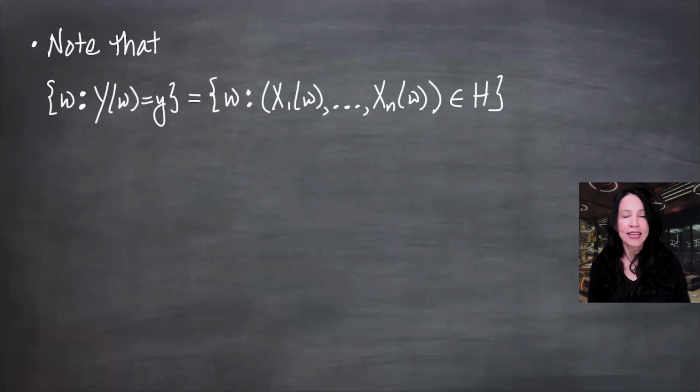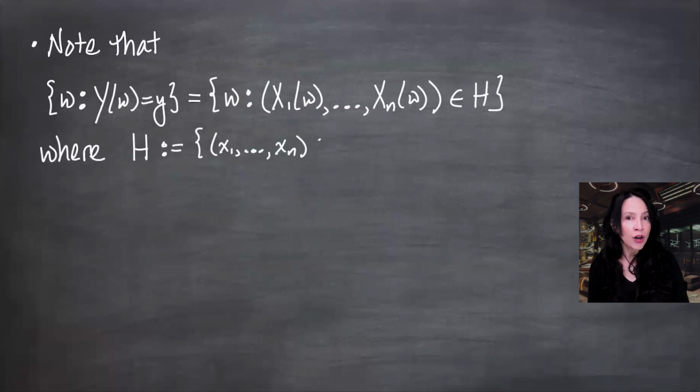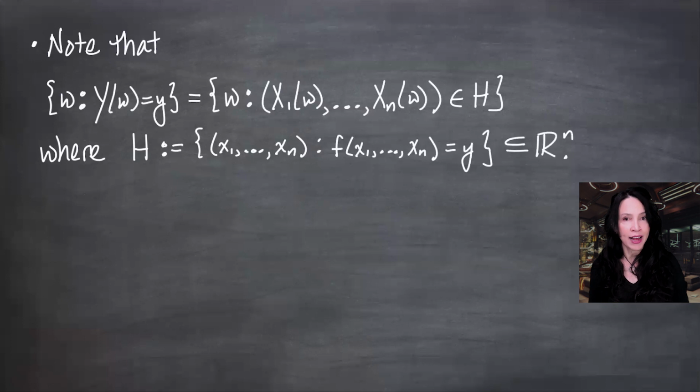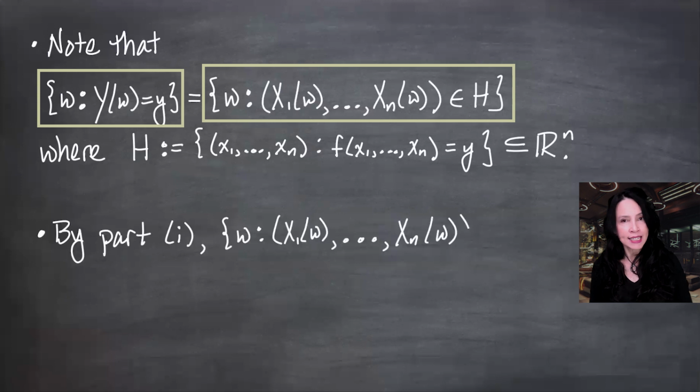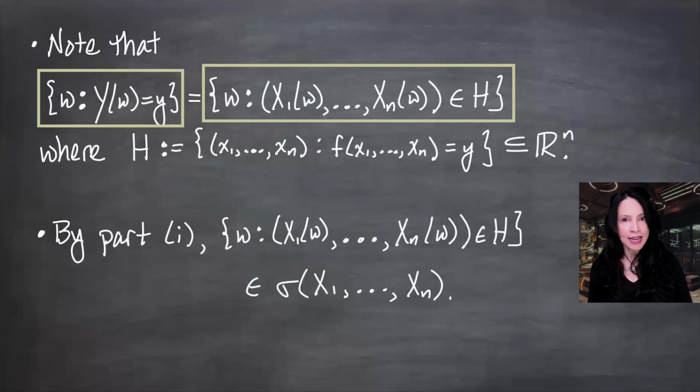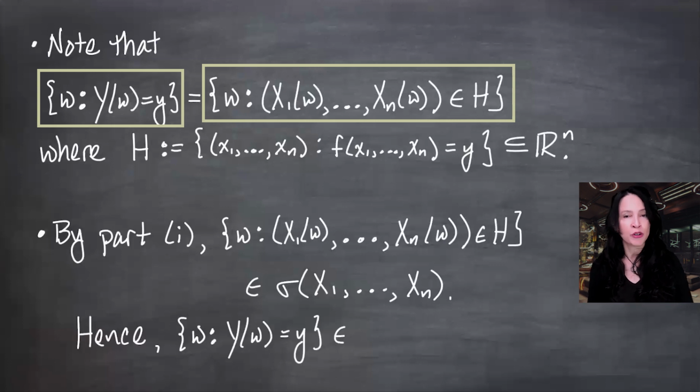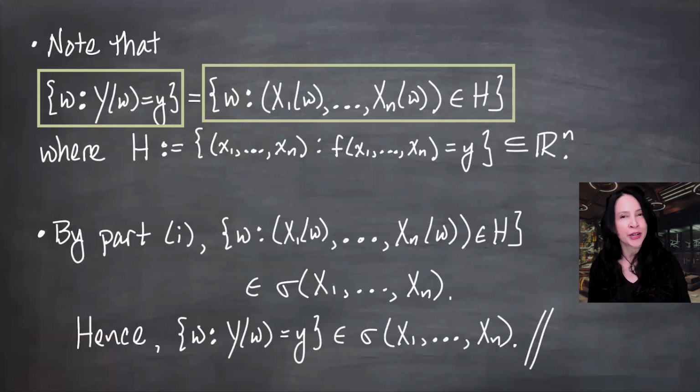And I can if I take capital H to be the set of all n-dimensional points in Rn such that f of that point is equal to y. So now, by part I, we do know that this, and therefore this, is in sigma of x1 through xn, and we've got that our random variable y is measurable with respect to the sigma field generated by x1 through xn, so we are done with this proof.